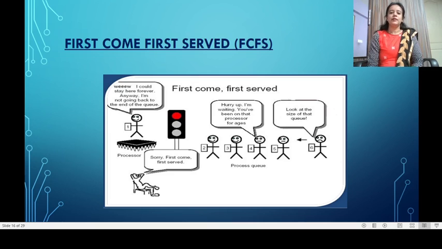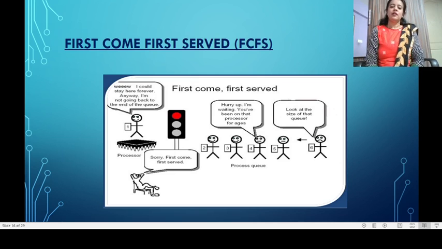In the same way, when collecting tickets for bus reservation, whoever comes first in the queue will get the ticket or reservation first. Like that, whichever process comes first will be given the chance to execute by the CPU first.